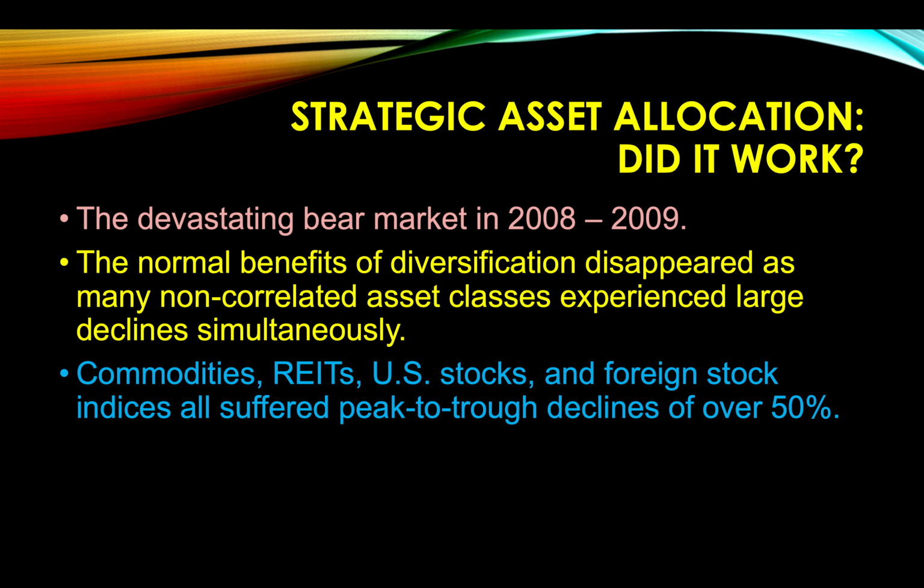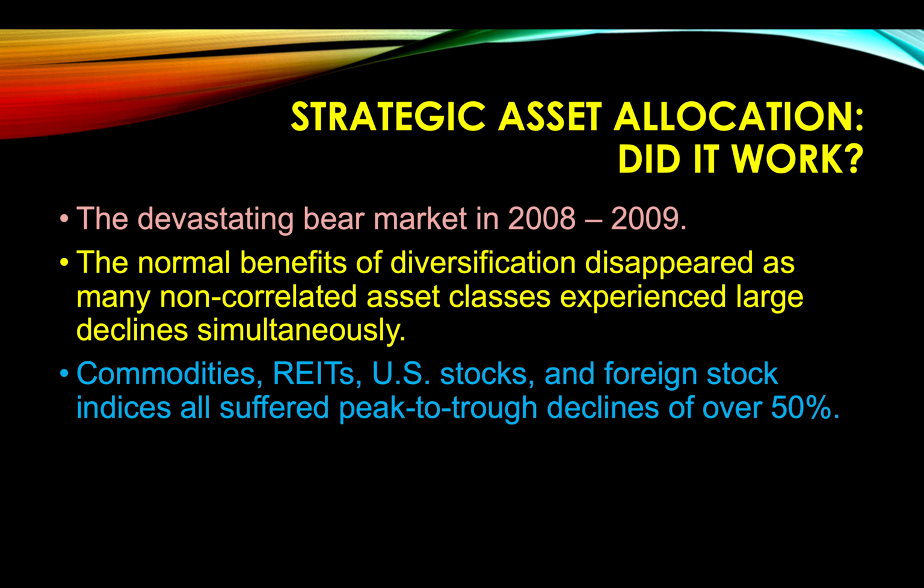Right. Strategic asset allocation, did it work? Did basically putting things in different asset classes work? Back in the great financial crisis, 2008 to 2009, if you had a very well diversified portfolio of commodities and REITs and US stocks and foreign stocks, all of those asset classes suffered declines of over 50%.